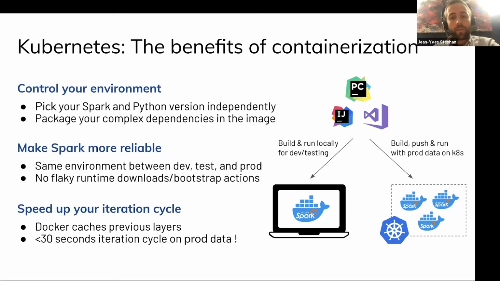It's not true to say it's going to take forever to build, because Docker is going to cache the previous layers. If you're iterating on your app, you probably push the Docker image at least once. And so overall, you can get an iteration cycle of maybe 20 seconds between the time you make a change on your laptop to it running at scale on the Kubernetes cluster.